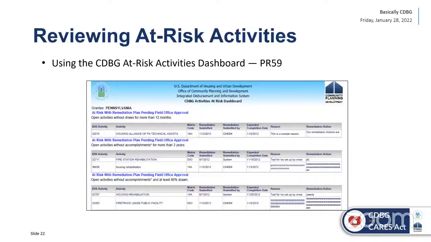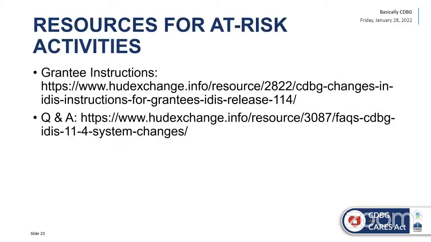There's a report you can run, the PR59 report, which shows the at-risk activities, and your field office probably will be running those reports from time to time to see what's going on, because if they see that there are at-risk activities, then they're going to want to make sure that you're addressing that problem, if that's a problem. So that's what this looks like.